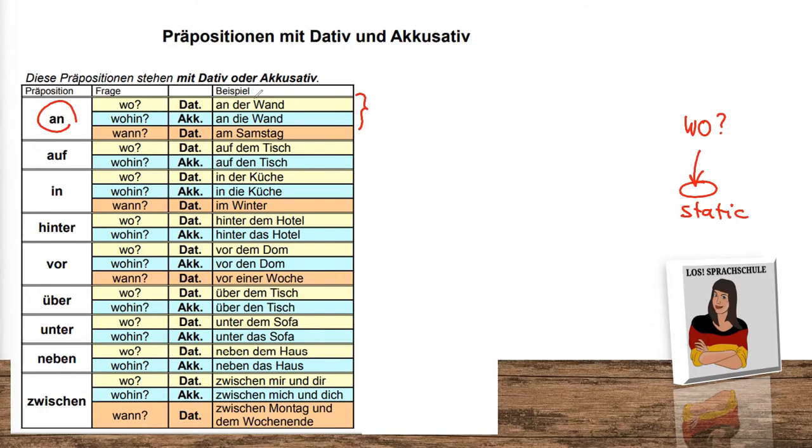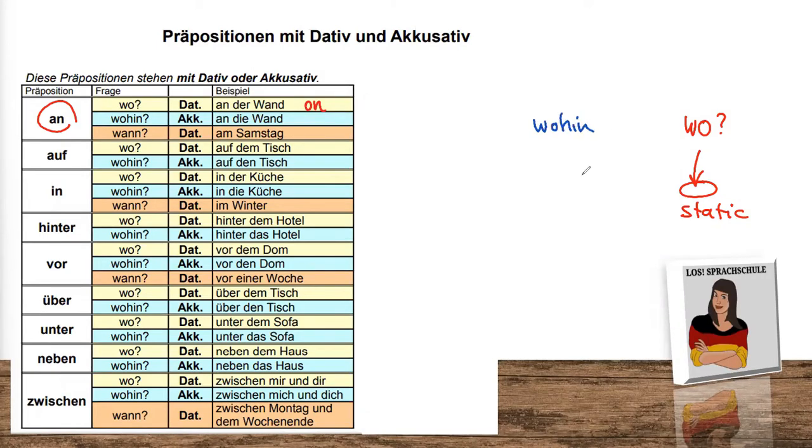So, an der Wand ist ein Foto. For example, on the wall is a picture. But if you ask wohin, wohin immediately should ring like 1,000 bells that it is a direction. You can check out my other videos. They are in my A1 playlist.